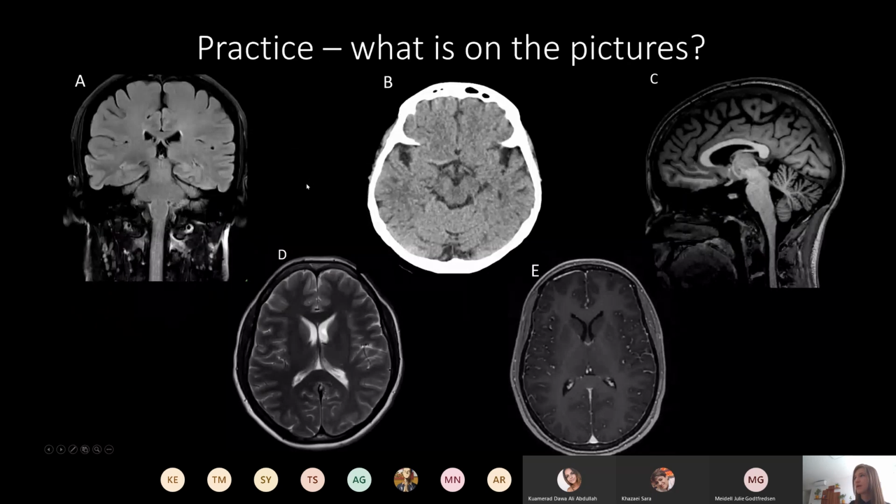Okay, done with that, and now it's your turn. Please, someone tell me what kind of imaging modality and what kind of sequence is on picture A. Anyone?